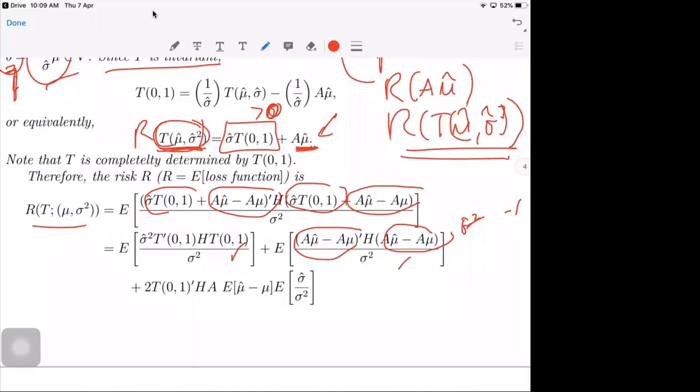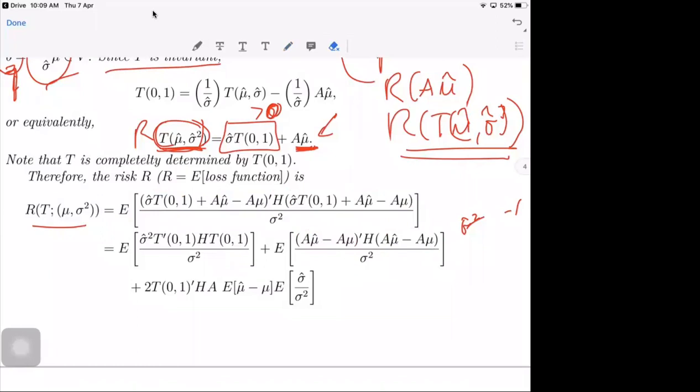And then the middle term. This part here is sigma hat P01 prime plus A mu hat minus A mu prime.